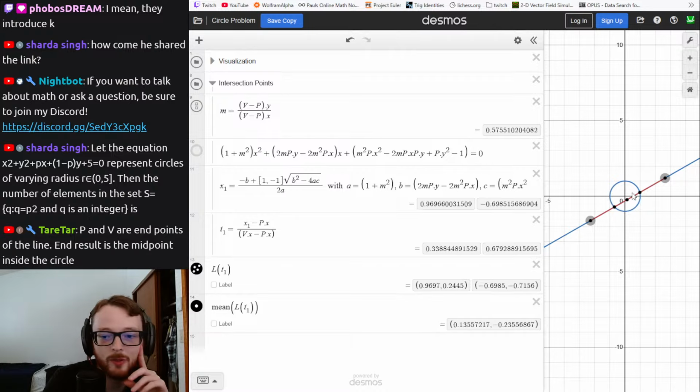End result is the midpoint inside the circle. Well, yeah, so how does this show that these midpoints lie on some other circle? There's some circle that should intersect through this arc that the midpoints are forming as I scroll this point around.